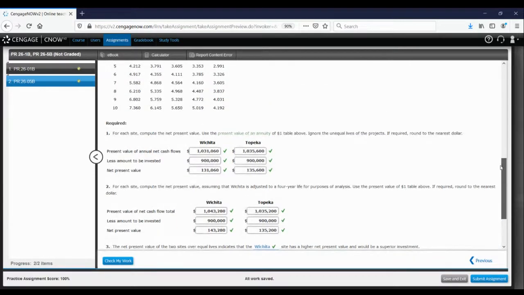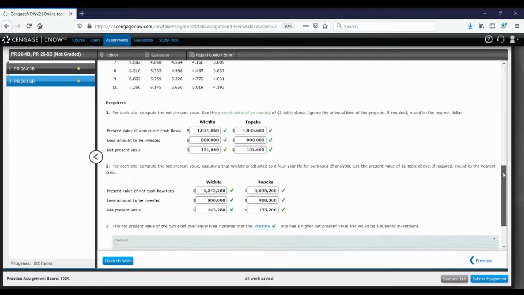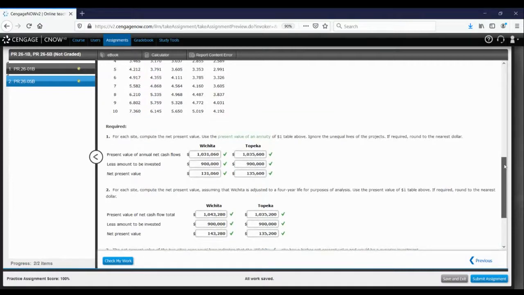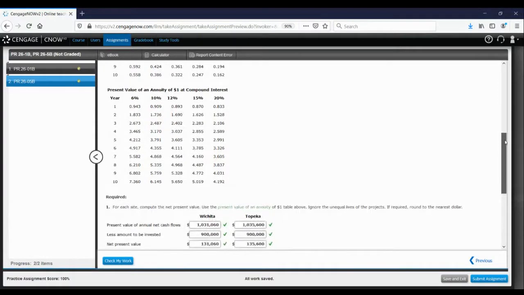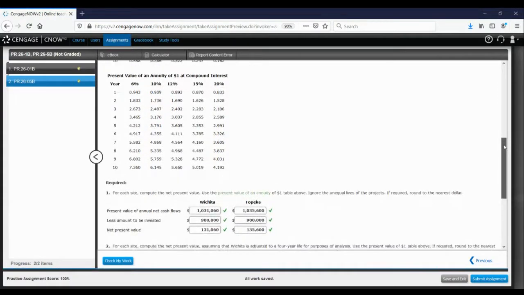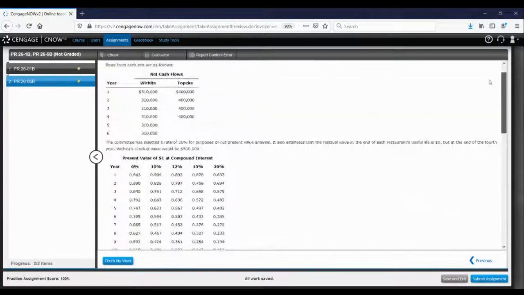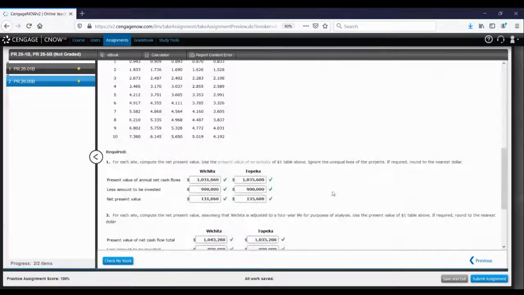And so this is how you would evaluate those two proposals. If you evaluated it using the net present value with unequal lives, Topeka would be your better answer.